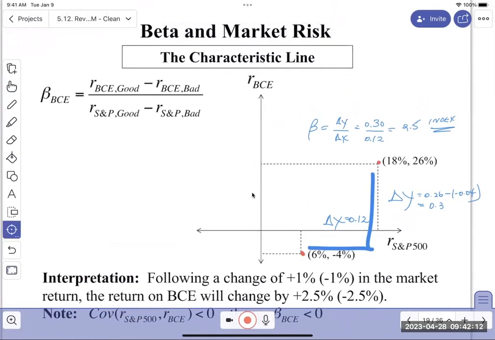The interpretation: we make a regular slope interpretation. So how do we do that? A 1 unit change in X results in a beta unit change in Y. I'm going to say increase. We could say decrease as well, but I'm going to say increase. A 1 unit increase in X, Y increases.